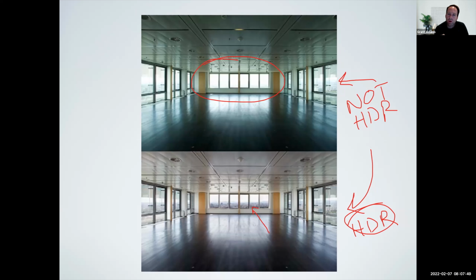We get a lot more information out of what's happening in this photo. And theoretically, if we were the real estate agent trying to sell the space, we could entice more people to want this or pay more for it because of that view. So there's a distinct difference between these two images, and the HDR really makes a difference when we're trying to look at this space in context.